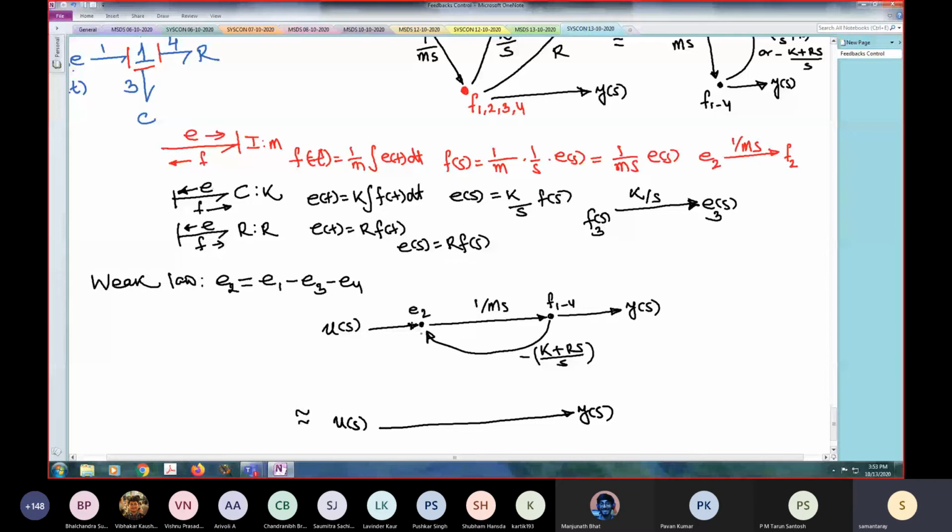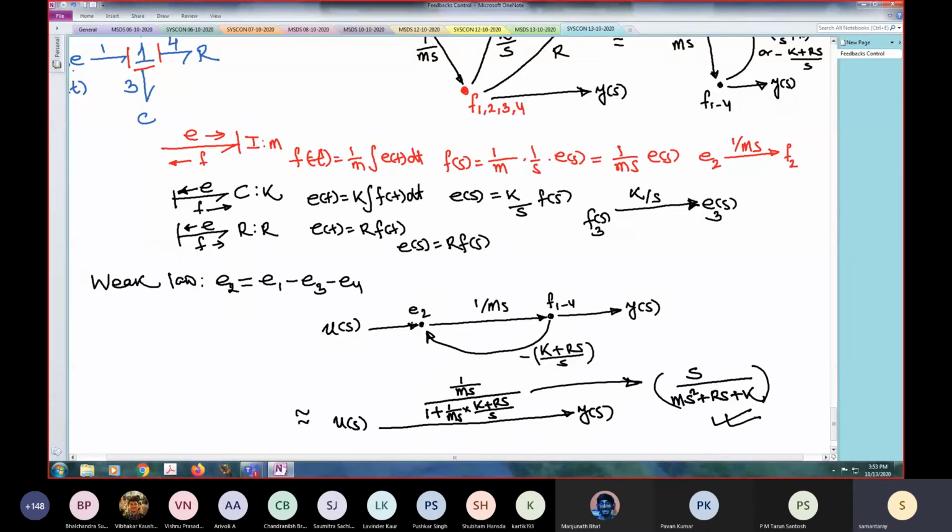So 1 by MS divided by 1 plus 1 by MS into K plus RS by S. So how much does this come? 1 by MS square. So S will come above, MS square plus RS plus K.